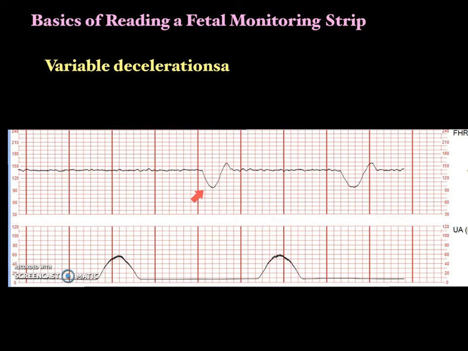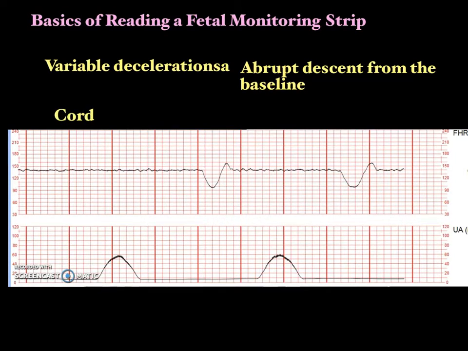Okay, the key to a variable deceleration is that they have an abrupt descent from the baseline. They are from cord compression. Okay? It's a quirk in cord physiology.